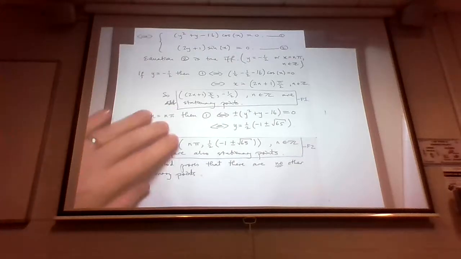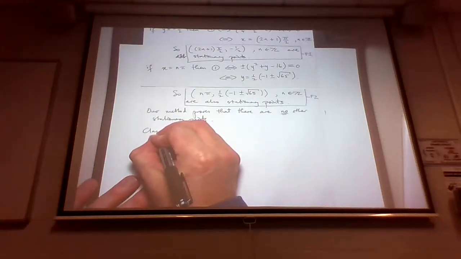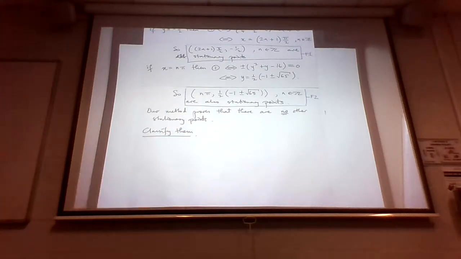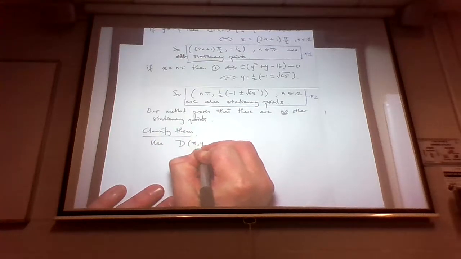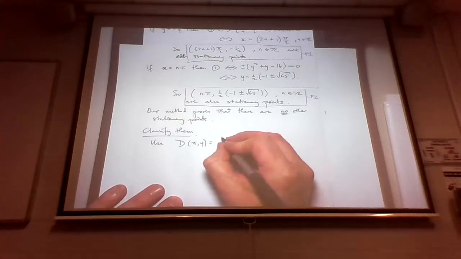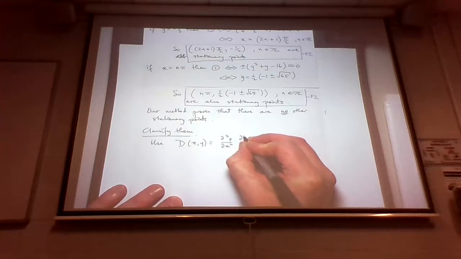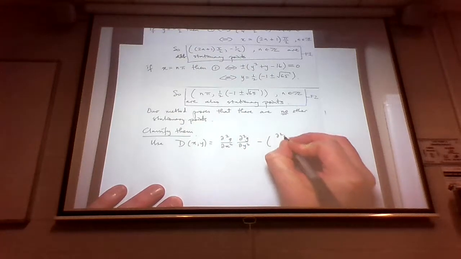Well, we can prove that by doing the classification using the Hessian determinant. So we classify them now. We need to obtain the Hessian determinant. We use this D, which is the product of the 2 second-order partial derivatives minus the square of the mixed second-order partial derivative.